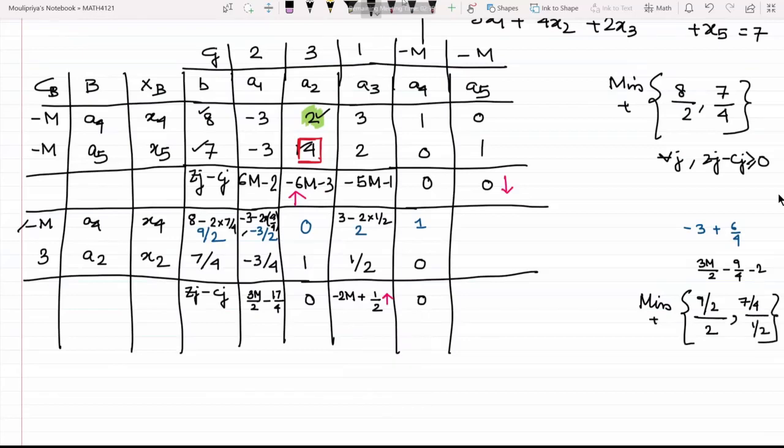So for which one are we getting the minimum value? We are getting the minimum positive among 9/4 and 7/2. Right? We are getting it for division by 2, first row. So can I say that this 2 is the key element?